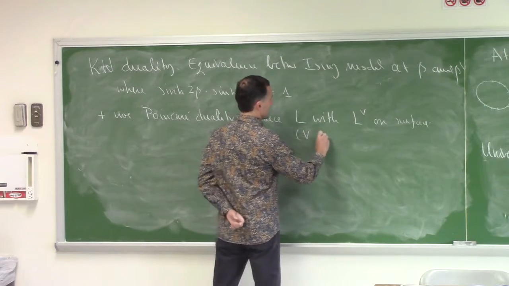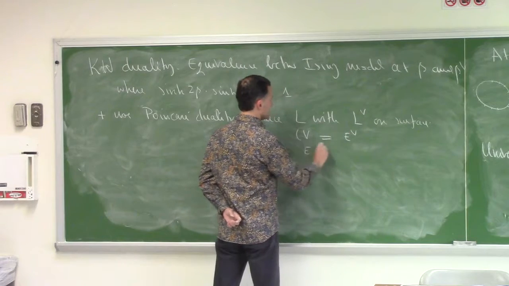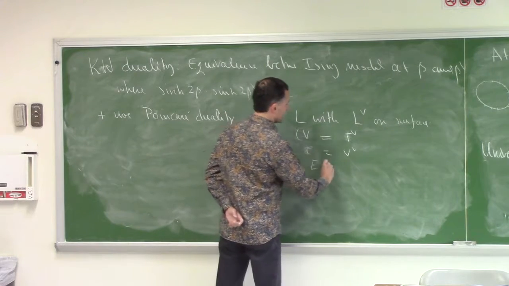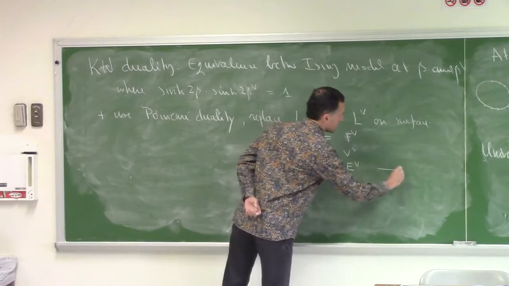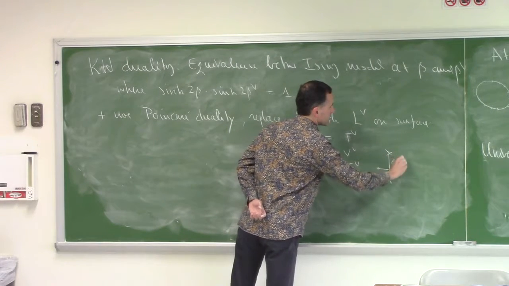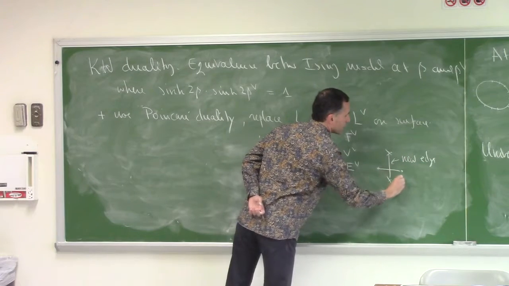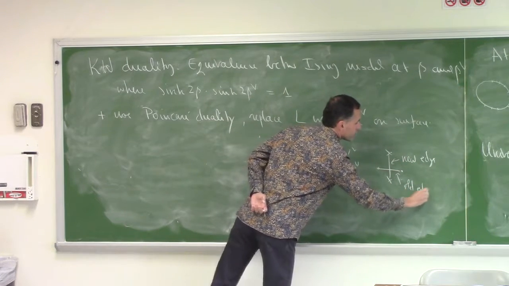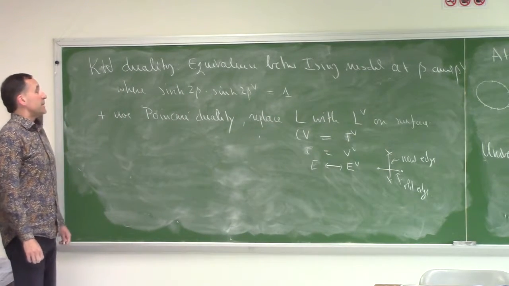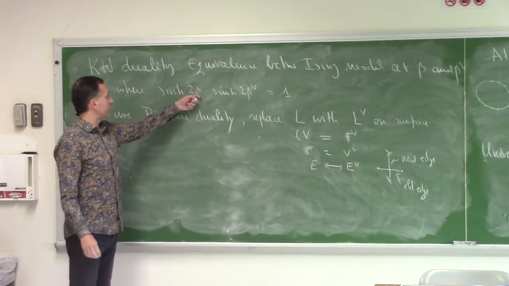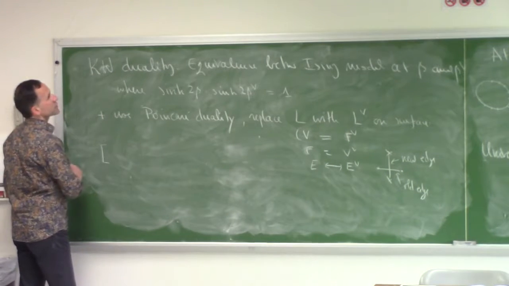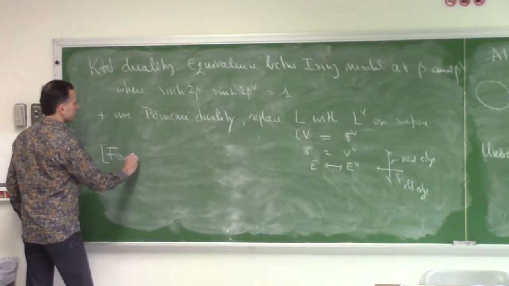So V is F check, faces F become V check, and E corresponds to E check, but crossing this way. These are new edges, old edge. But this is purely combinatorial, there is no metric statement here. There is a numerical parameter beta, but there's a formula for how it changes. And actually, this is just, I'm not sure I'll be able to write all the formulas, but it's going to be an instance of Fourier transform.